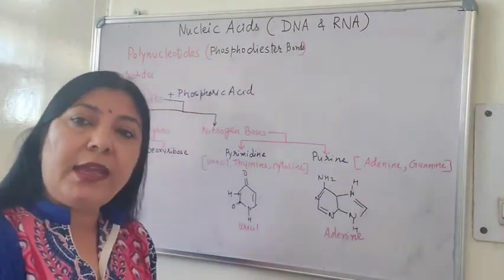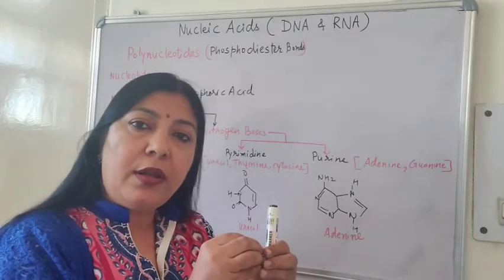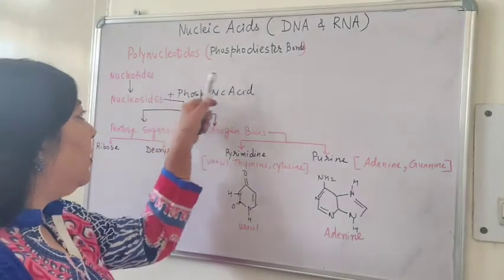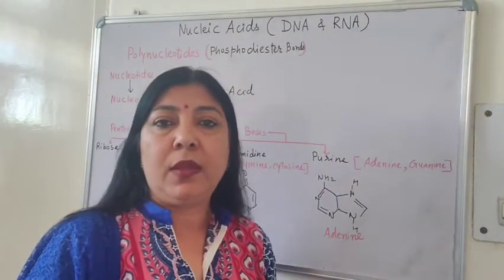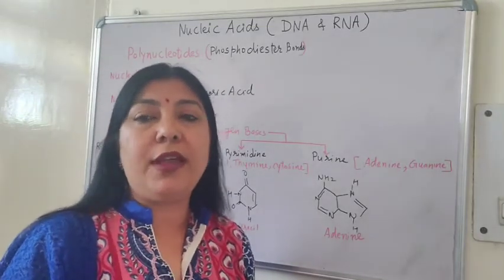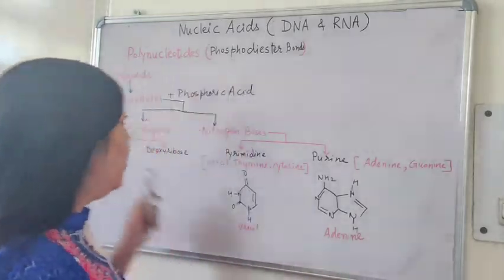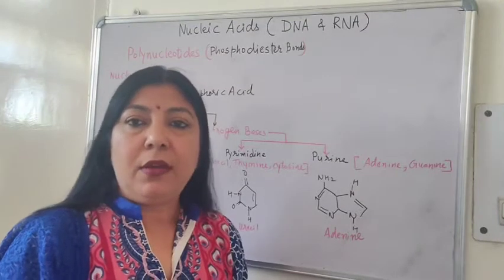When a nucleoside is held together by an ester bond and attached to a phosphoric acid, then the structure is called a nucleotide. Okay. ATP is a type of nucleotide. We'll study about it later on. Okay. But what are nucleosides?